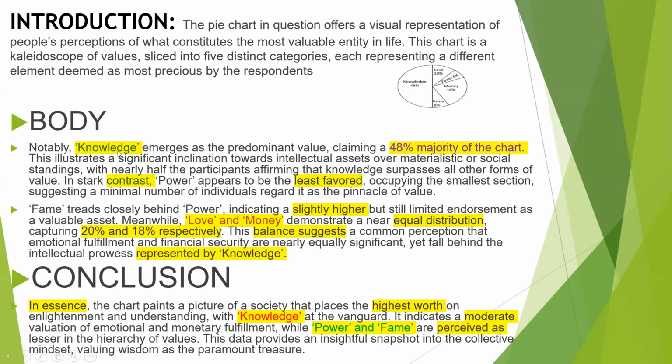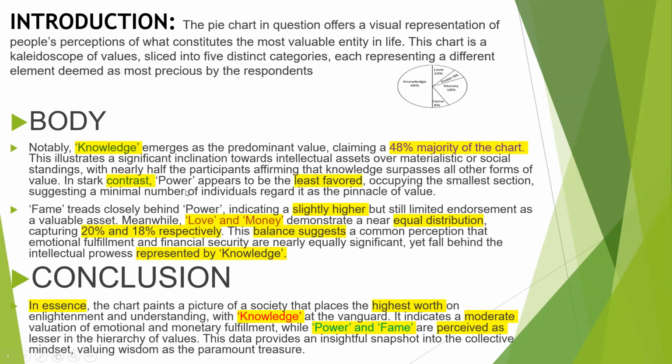Now, when it comes to the body, as I said, you are comparing the things. Notably, knowledge emerges as the predominant value because in the pie chart, 48% is the knowledge, right? So you are highlighting the knowledge part of it and also giving the comparison of the percentage, 48%, the majority of the chart, is the predominant value of knowledge.